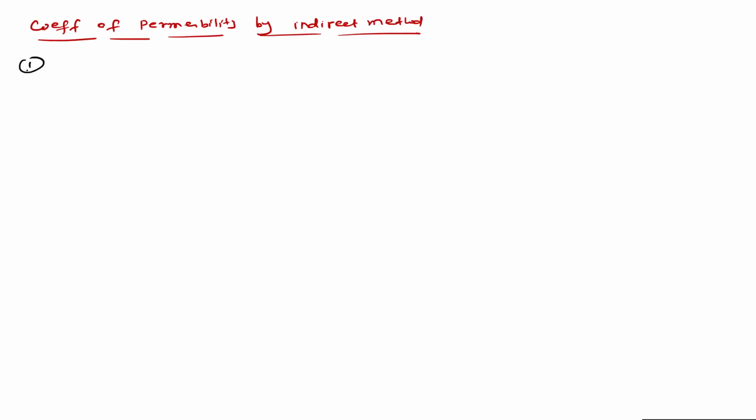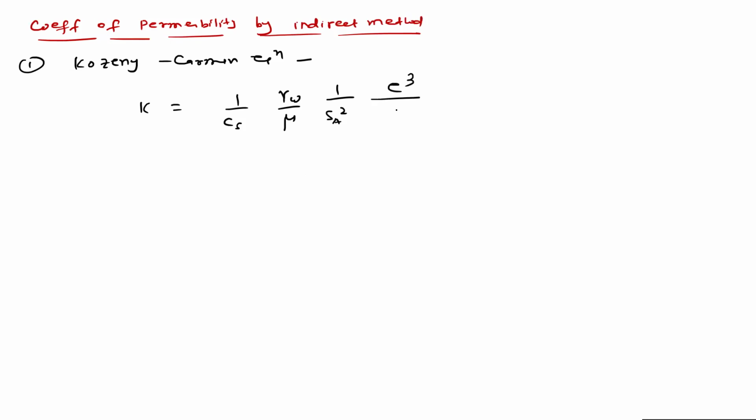First is the Kozeny-Carman equation. This is k is equal to 1 by Cs, gamma w by mu, 1 upon Ss square, times e cubed divided by 1 plus e.